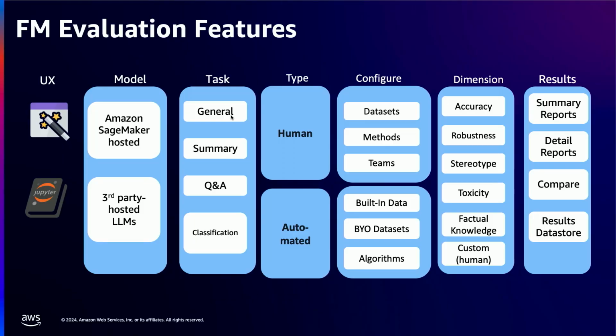Once you've picked the model that you want to evaluate, you can determine the task for that. That can be general purpose text generation, summarization, question answering, or classification accuracy. Once you've determined the task, you'll look at the type of evaluation. In the web application, we have two components for you.